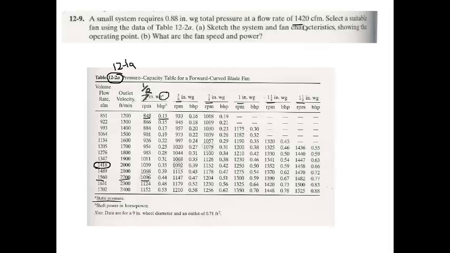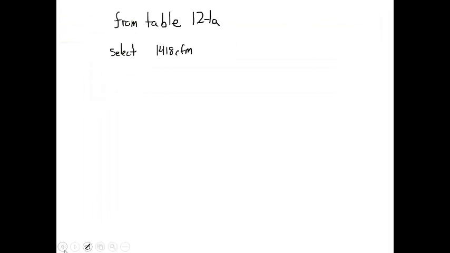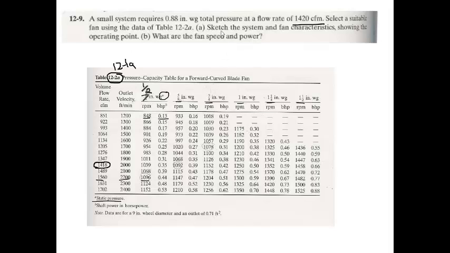So if you look at table 12.1a, if you select 1418 CFM, why am I picking 1418? Because the problem statement says I have a total pressure of 0.88 inches of water at a flow rate of 1420 CFM. I don't have 1420 listed in this chart, but the closest thing I do have is 1418.